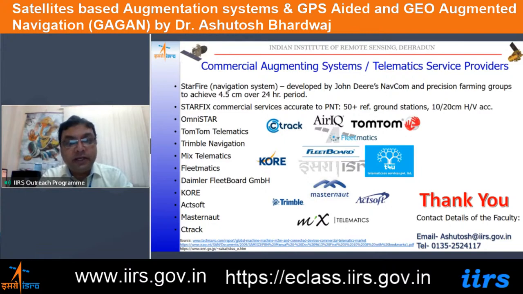Using these different kinds of services, we have a lot of service providers now, like Starfire and Starfix. Starfix is committing to provide an accuracy of 10 centimeter in horizontal and 20 centimeter in vertical. Basically these services are paid services and you can have a license for them. Similar services are there from Omnistar.